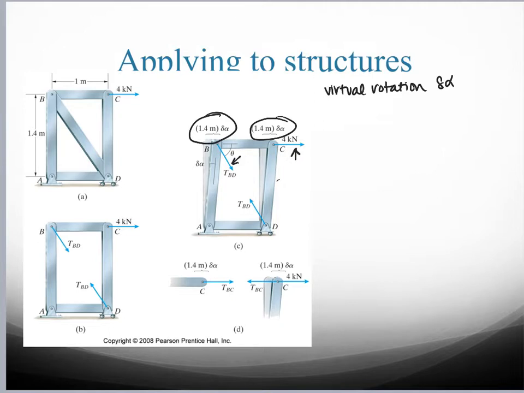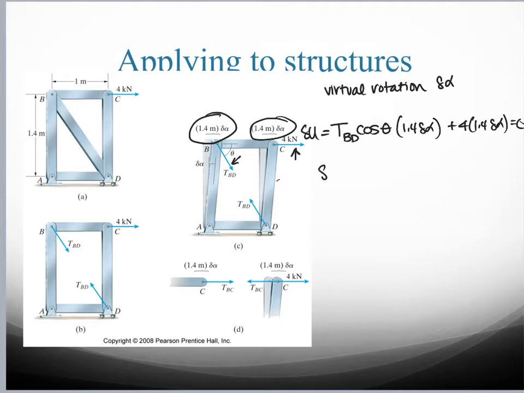So, to find the work done with that virtual rotation, we have TBD times the cosine of theta, and then the displacement is 1.4 times delta alpha. And then also we have the 4 kilonewton force times the 1.4 delta alpha. And that all was the virtual work done by those 2 forces.